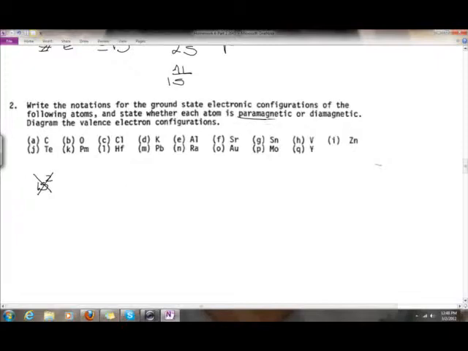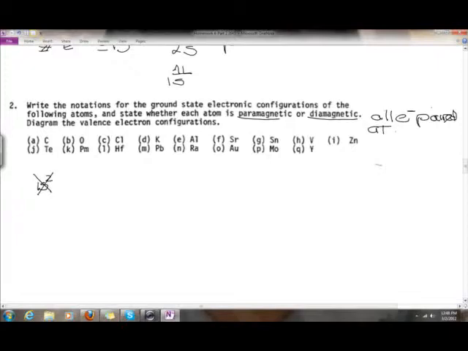Now, what is the concept of diamagnetic and paramagnetic? In diamagnetic, I have all electrons paired. What happens in paramagnetic? I have at least one unpaired electron.